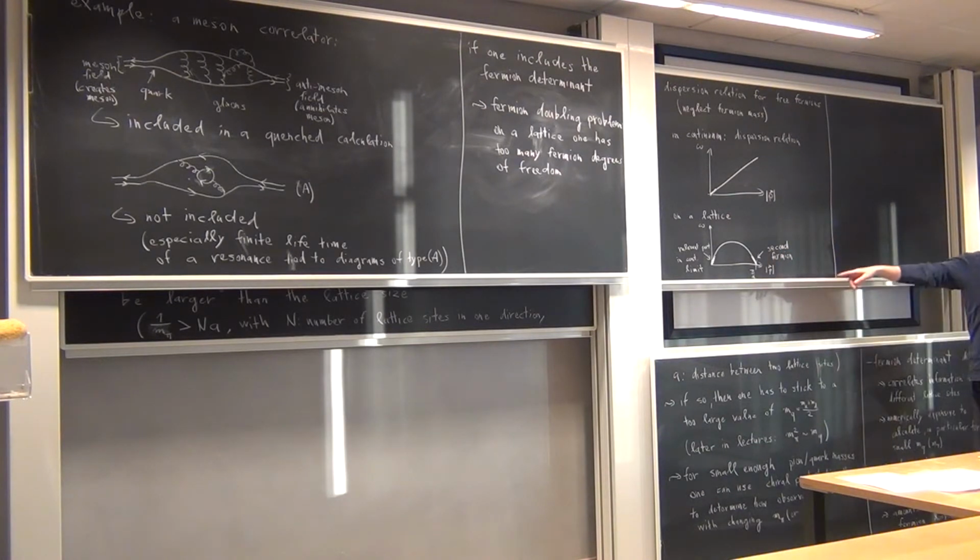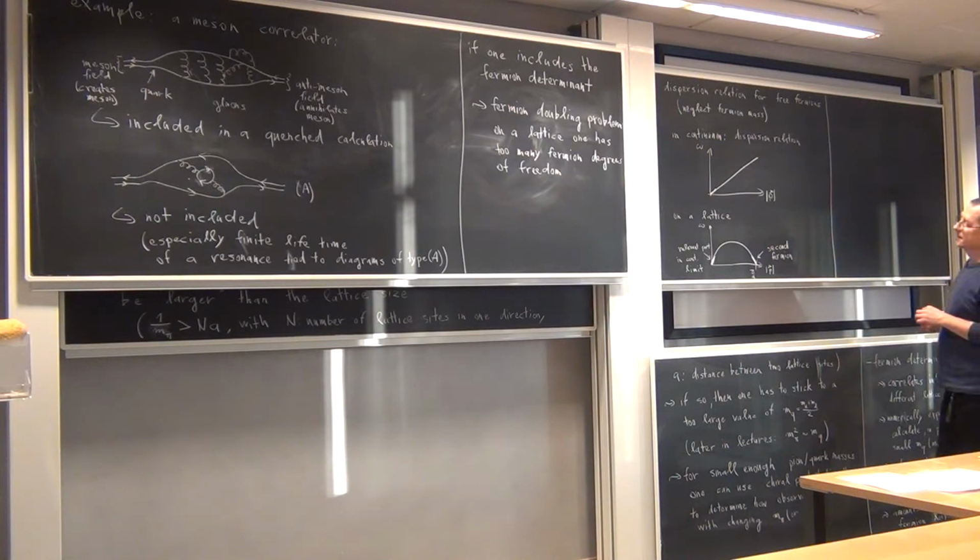And this picture I can draw basically in any direction. And therefore for d dimensions I have 2 to the power of d additional fermions.